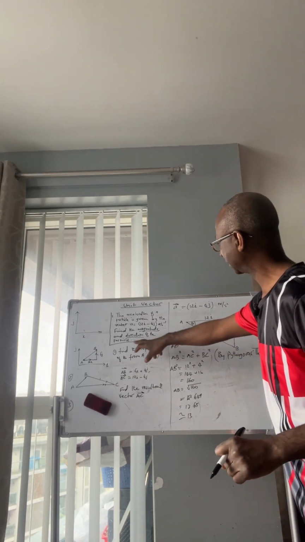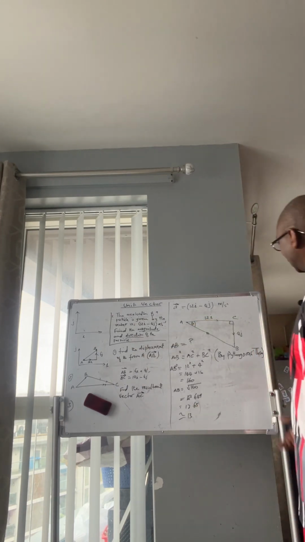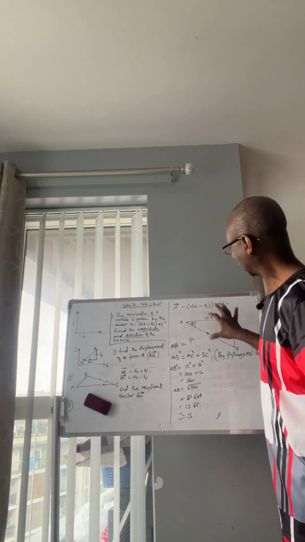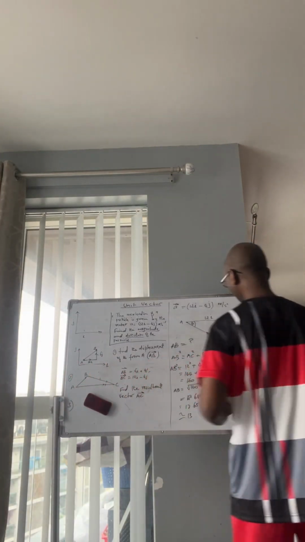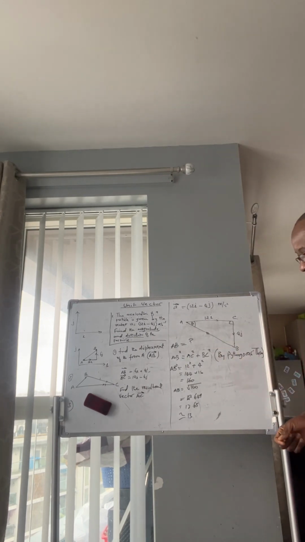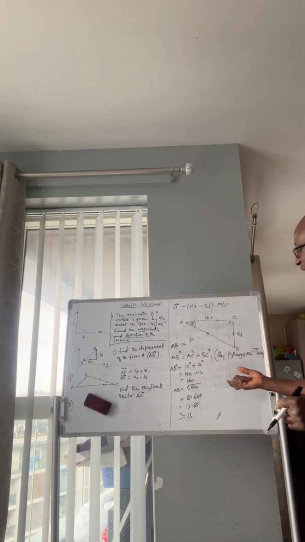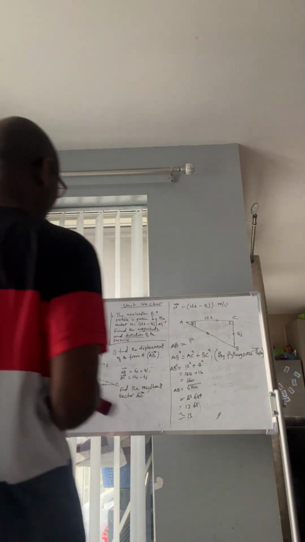Now the second part says find the direction of the particle. Here you're going to use the trigonometric identities, which I guess you know. We got this side as 13. What I always advise is that your calculated answer, if possible, shouldn't be used to solve the next problem, because you might have made a slight mistake.